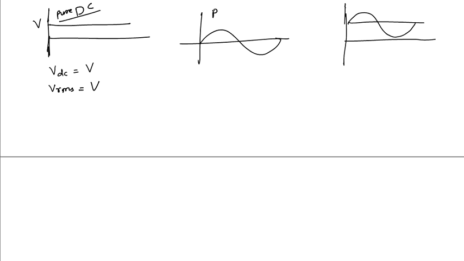Now this signal is a pure AC signal, and for this pure AC signal the VDC value is equal to 0 volt, and the RMS value is Vm by root 2, where Vm is the maximum value of this signal.